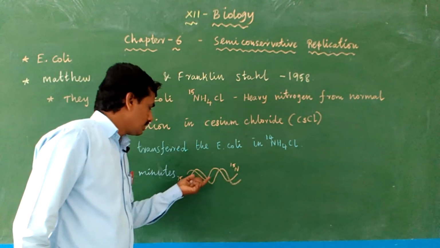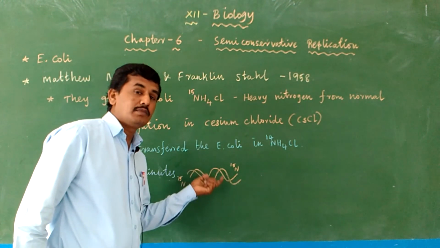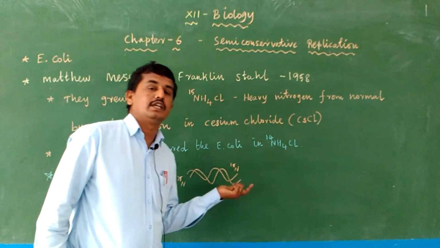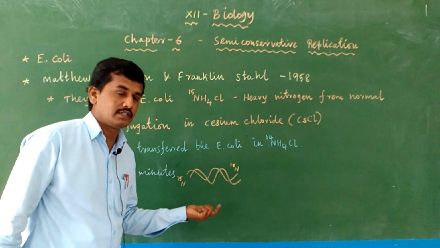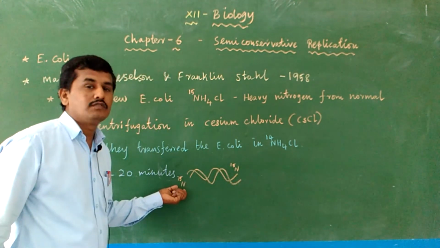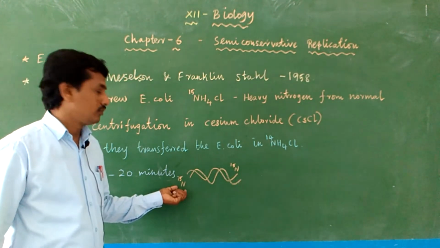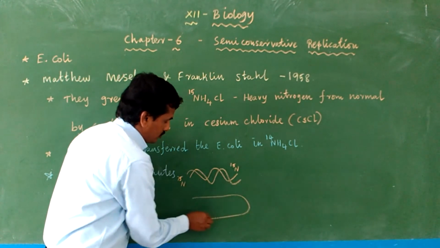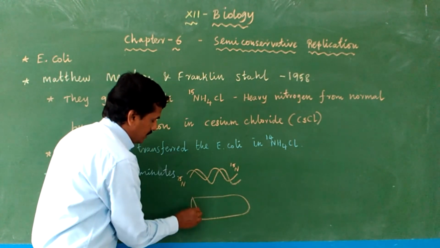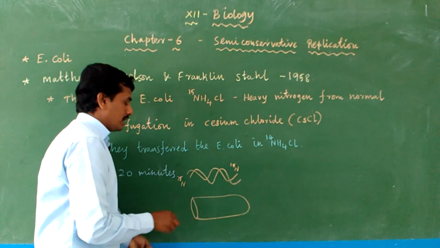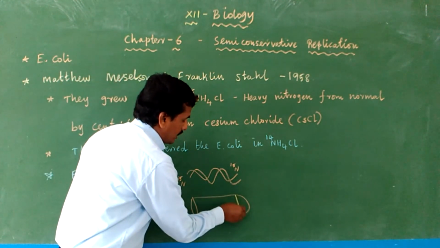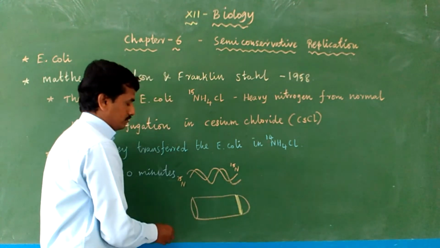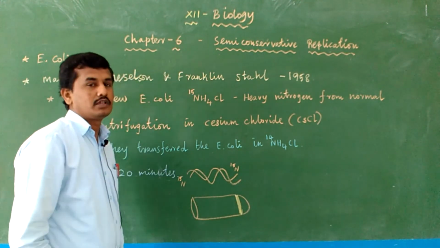So all the nitrogen bases in the DNA and all the components in the DNA related to nitrogen contain only N15 nitrogen. N15 is a heavy substance, so it settles into the bottom of the centrifuge tube.